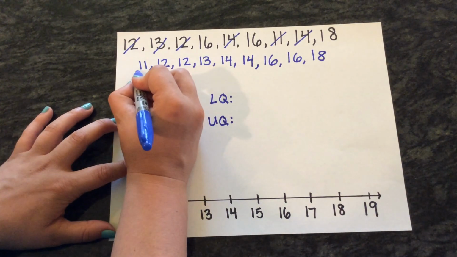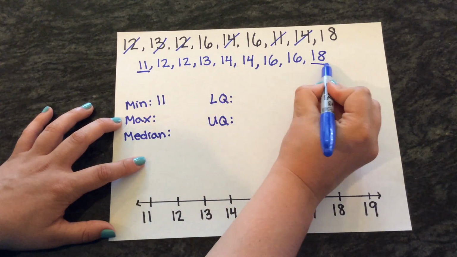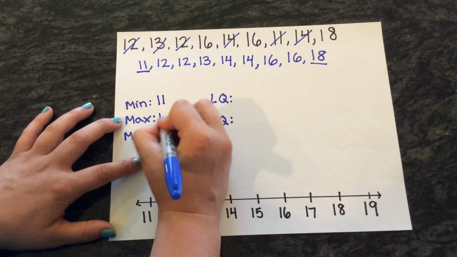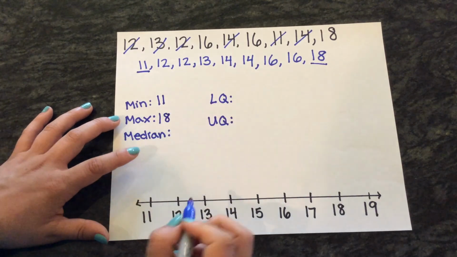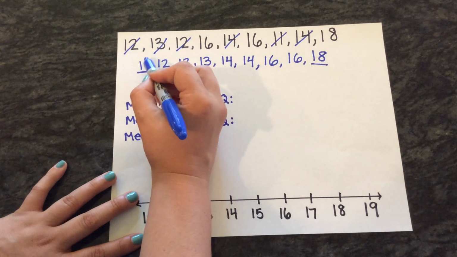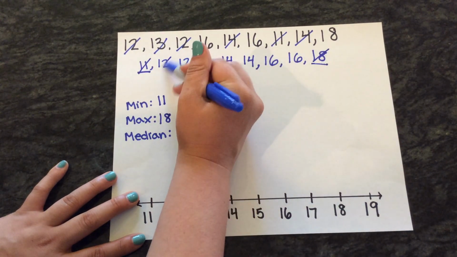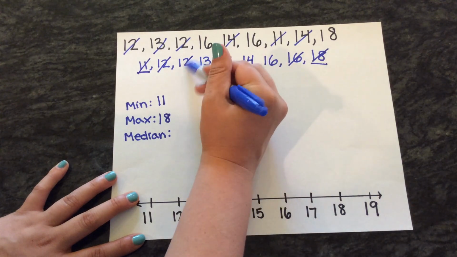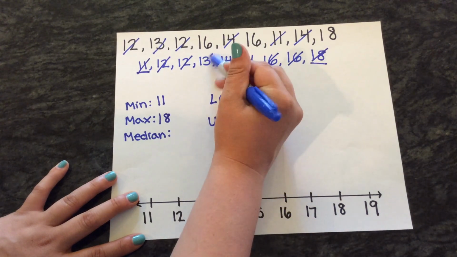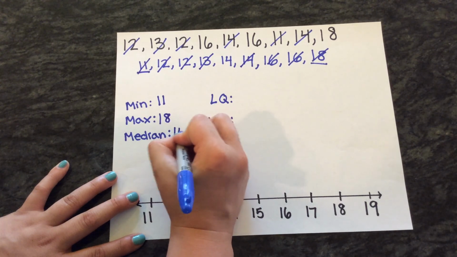My minimum in this example is 11. My maximum is 18. Next, I'm going to find my median. The median value is 14.